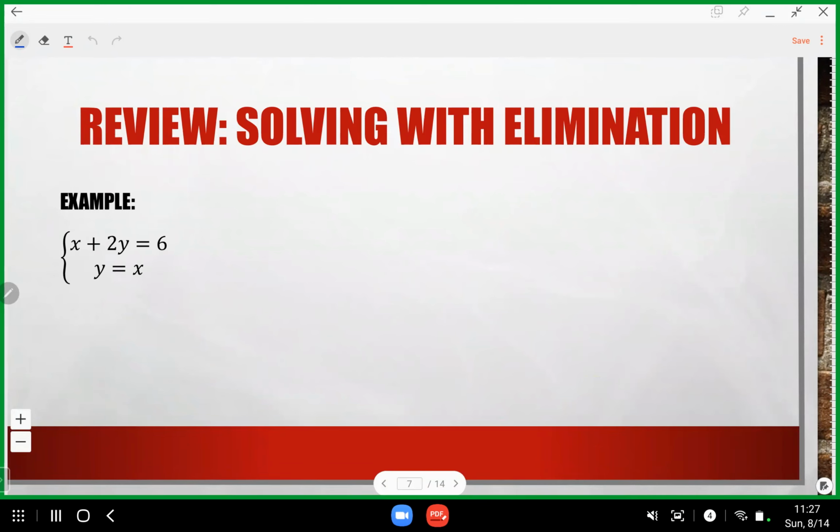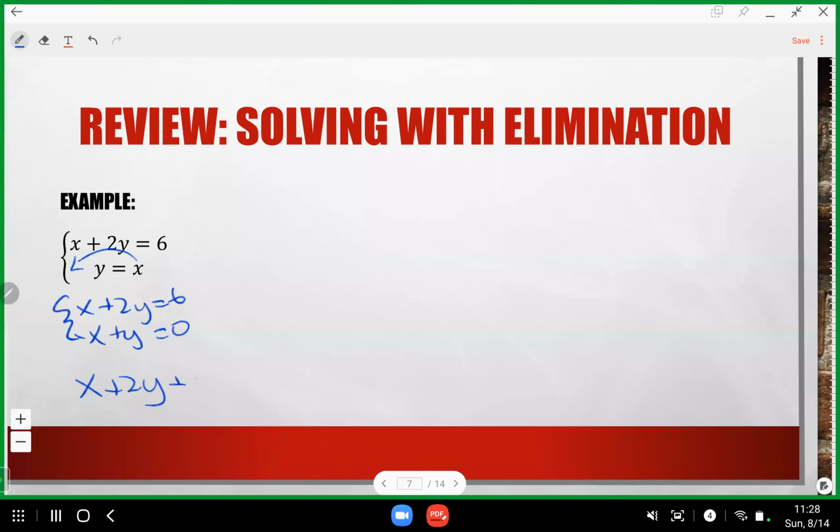All right, so let's do solving with elimination. We can solve it the same way with elimination. So what we're going to do is move the x to the other side. So therefore we get something like this. You see the negative x plus the y. What we can do is add everything to the first equation.